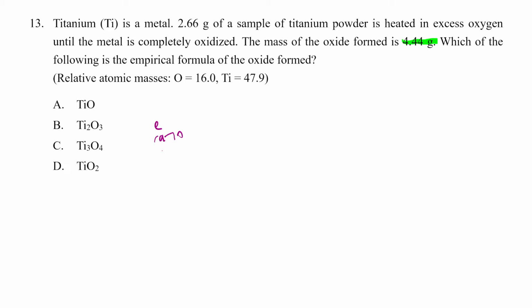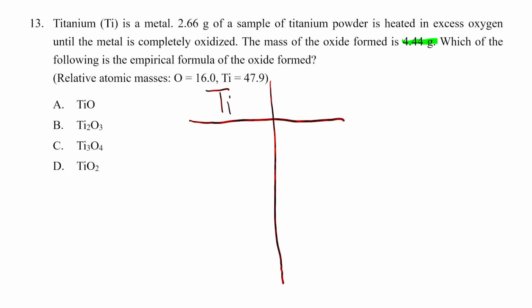Perhaps I'll rub this first. Okay, titanium, and my other one would be oxygen here. So first off, I need to know the mass. Am I given the mass of titanium? Yep, it's provided. It's 2.66 grams. And how about oxygen?